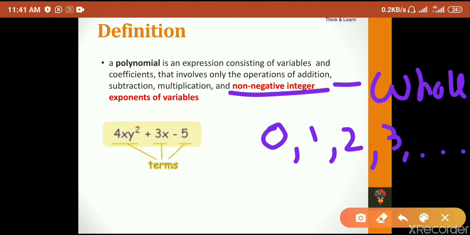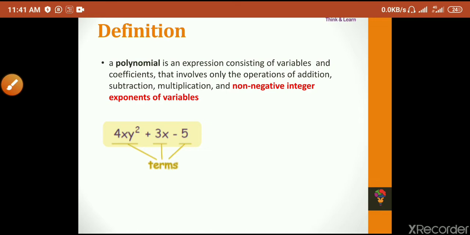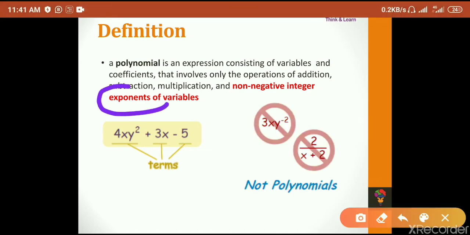Now what they are telling about this non-negative integer exponents of variable. We've studied a chapter in your 8th standard. What do you mean by exponent? Exponent is nothing but the power of a variable. Here you can see in this one, what is the power of y? It is 2. So it is allowed because 2 is a whole number.